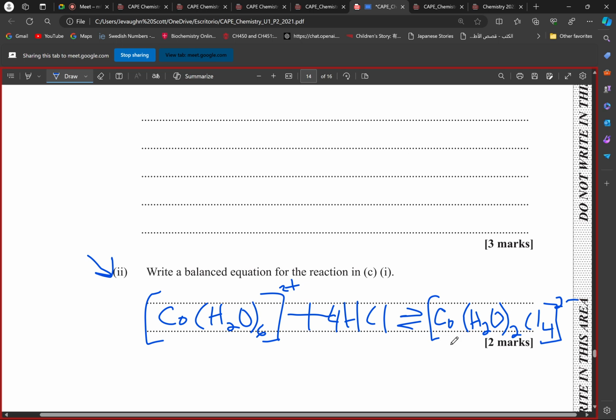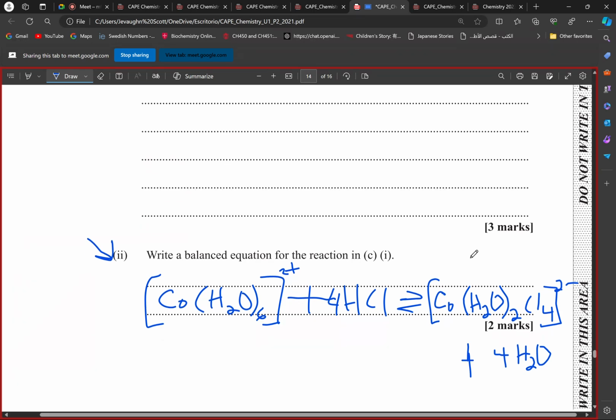Plus the 4 water that we lost, 4H2O. So what's basically happening here is that we're going to form this. I think this is probably what they want us to have, our diaquatetrachlorocobaltate ion. That will be the name of this ion, and this ion will be blue, and in this case it will be pink over here.